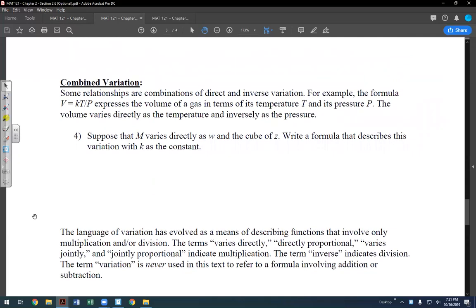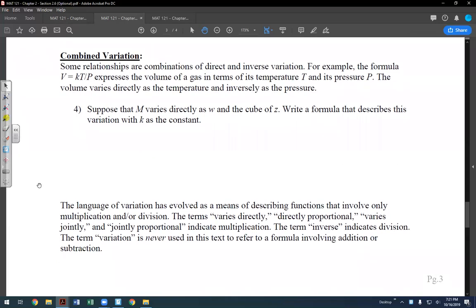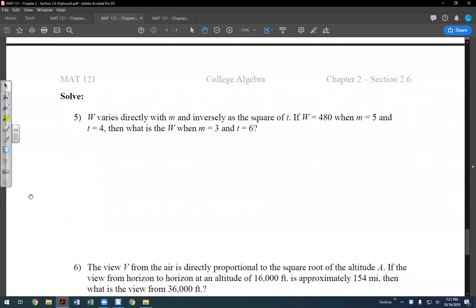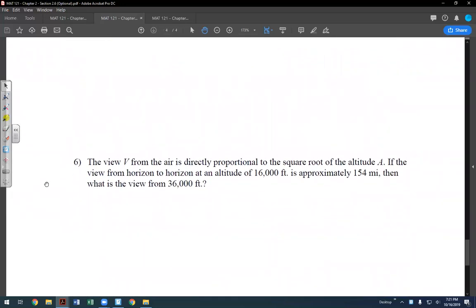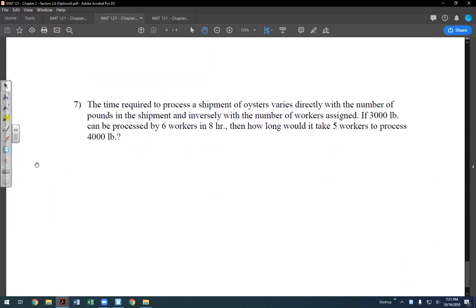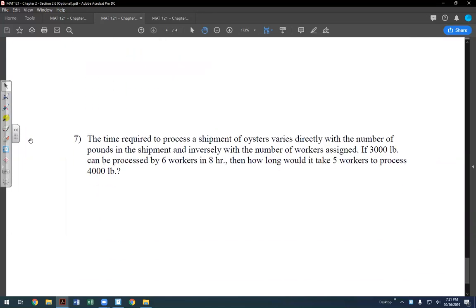Now your combined variation is where you have direct and inverse variation together. So one quantity goes up, but the other will go down. And we didn't really have a good example to show you from that. I think this one might be the closest we get. Yeah, direct and inverse.